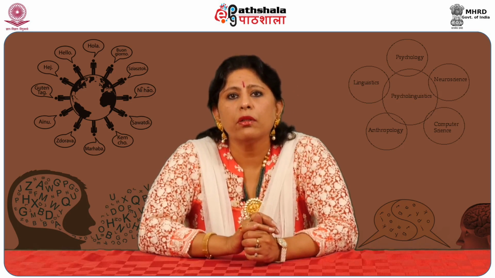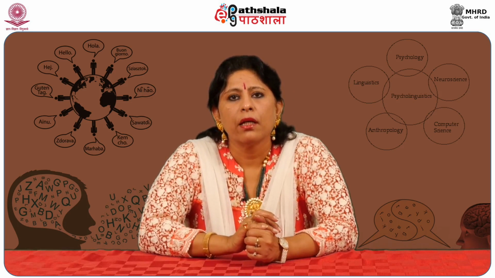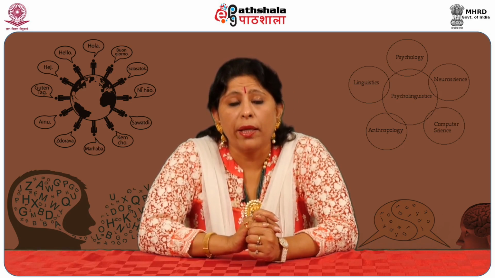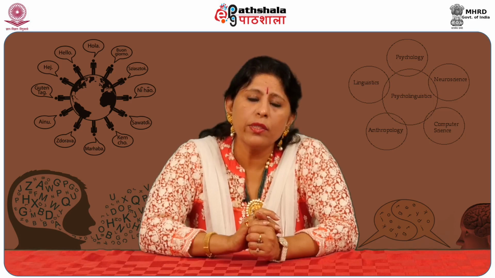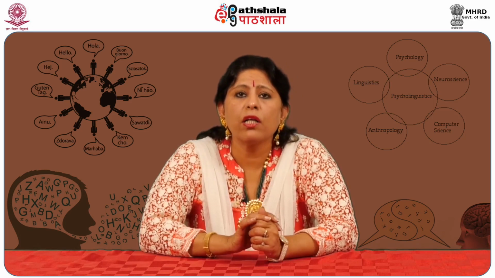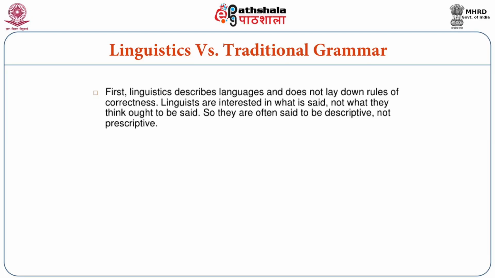When we talk about a linguist and a grammar, or a grammarian for that matter, there is a difference. A linguist does not just emphasize on correctness. A linguist describes language, does not lay down rules of correctness.